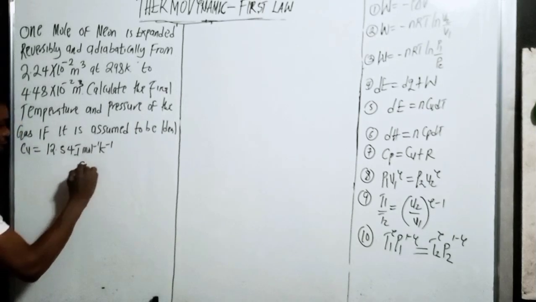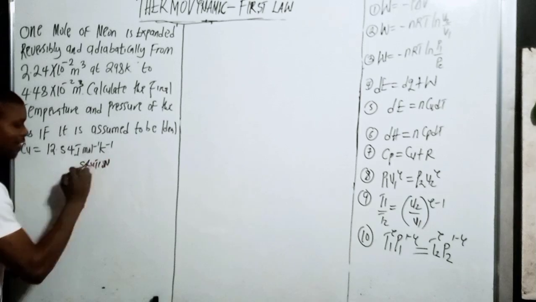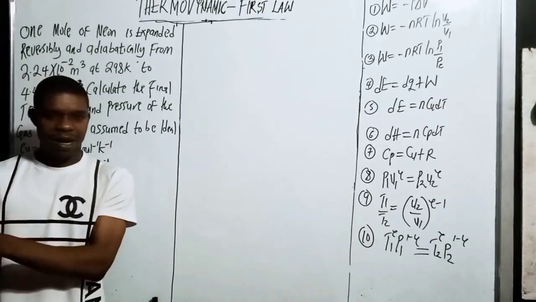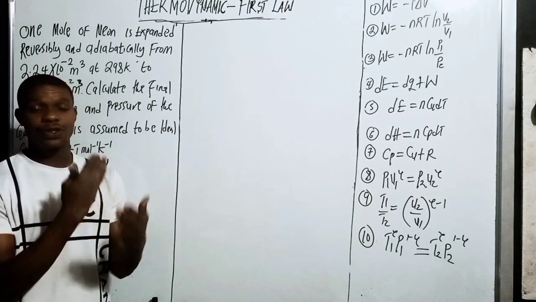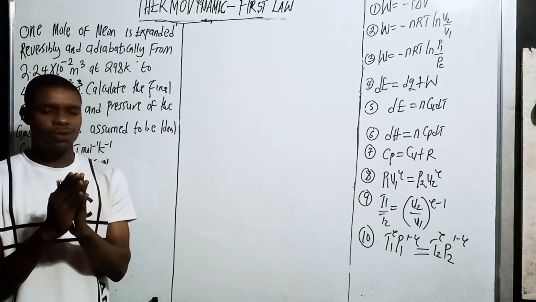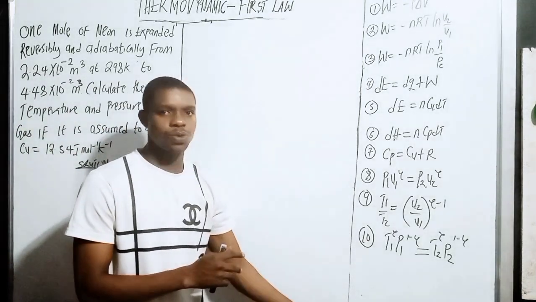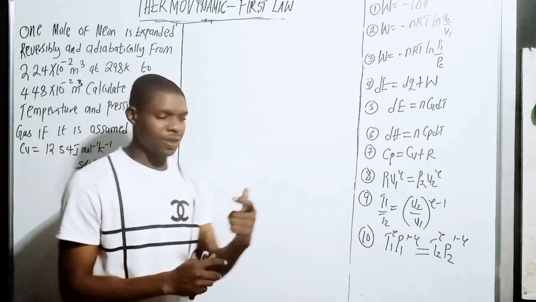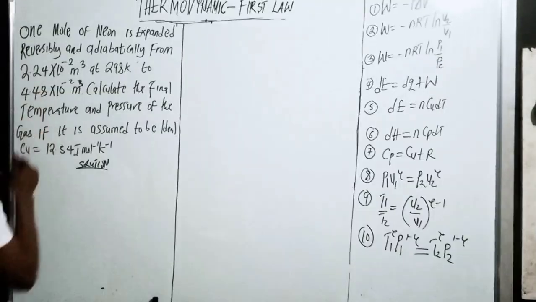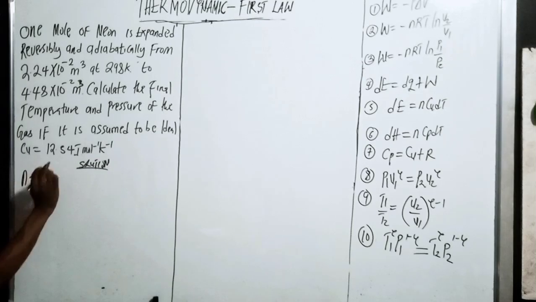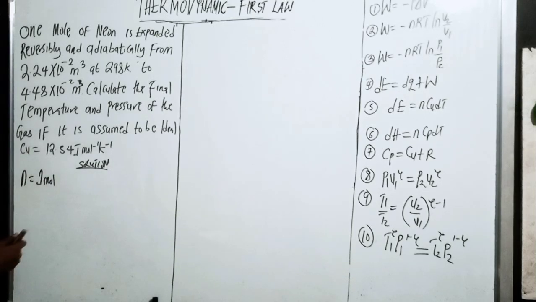Okay, now let's solve this. Before you can solve this, what you want to do here is write out all your parameters. From the parameters given to you, that is when you know the formula to use. Remember, these are all our formulas when it comes to the first law of thermodynamics. So they say that the mole equals 1 mole of neon.